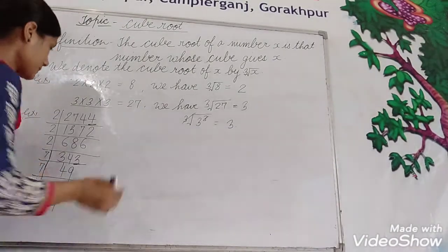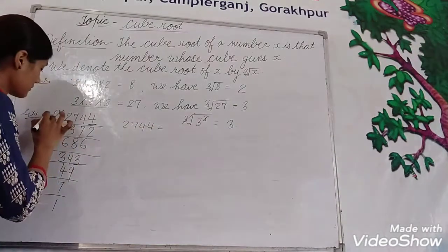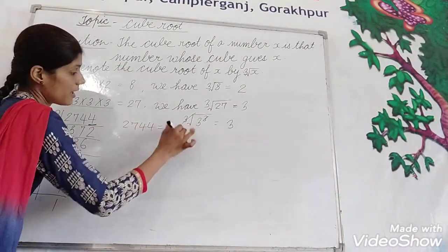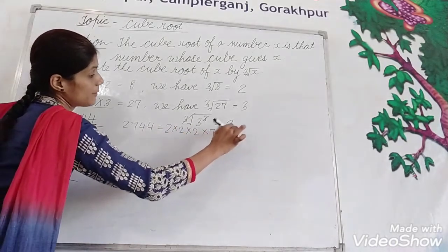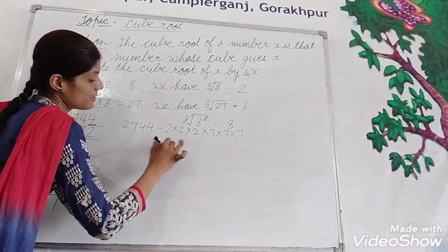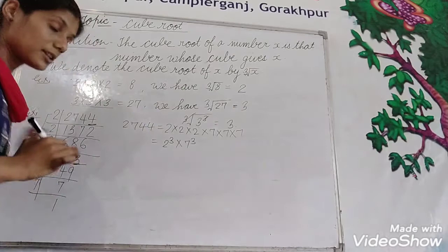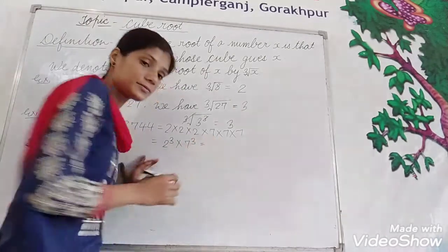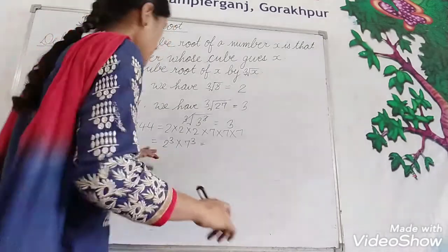After that we write over here, and how many 2s are given? 1, 2, 3, and 7 also 3. That means 2 to the power 3 and 7 to the power 3. So how do we write this number?